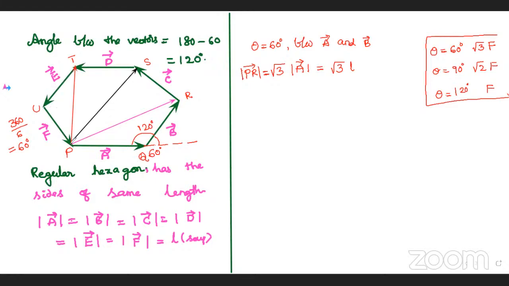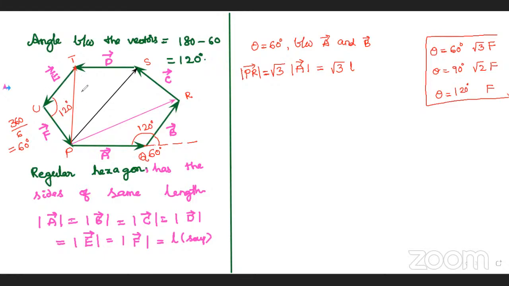Because of the same kind: these two vectors are in order, within an interior angle. All the interior angles in a regular hexagon are 120 degrees. So these two, like A and B, make an angle of 120 degrees in order, which means the angle between them is 60 degrees.